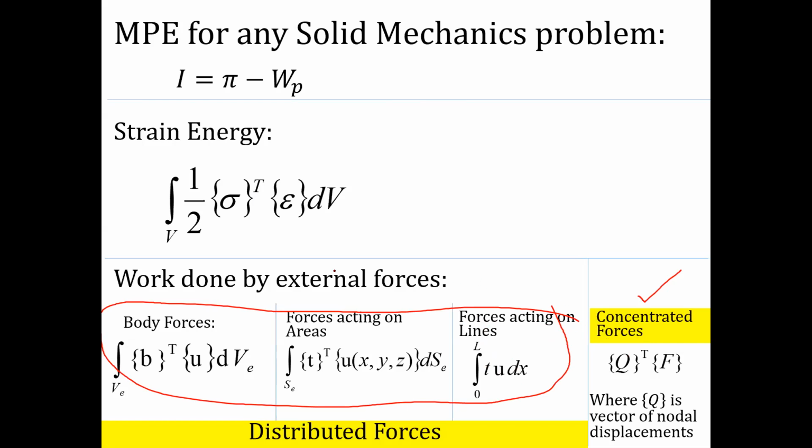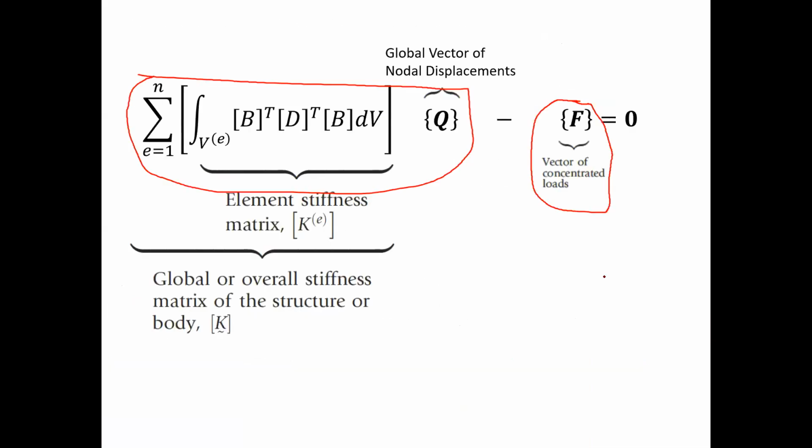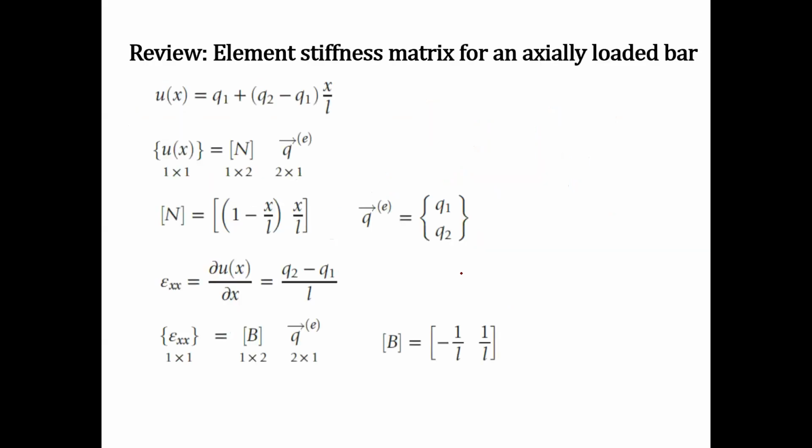So the work done by concentrated external forces is just going to be equal to q transpose times f, and if you take a derivative of this with respect to q, you're obviously just going to get f, hence this f appears here, and we are setting this derivative equal to 0, and this is going to give us the value of q at equilibrium, right? That's the idea.